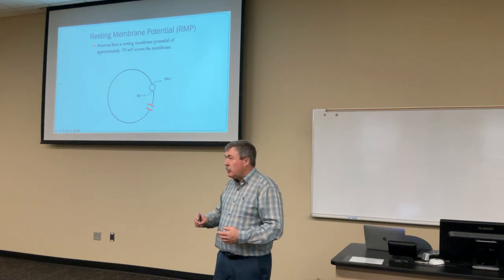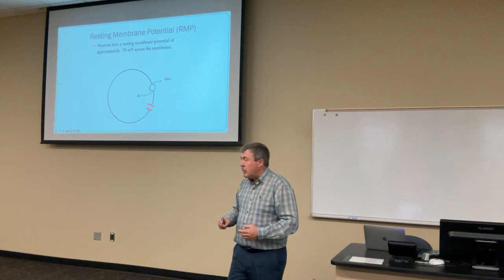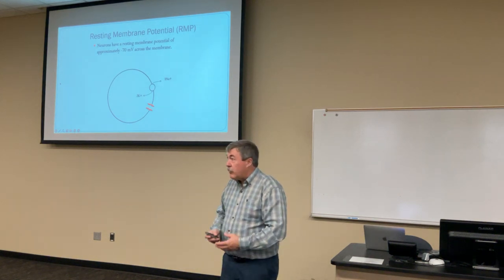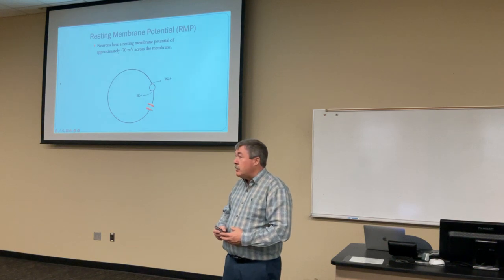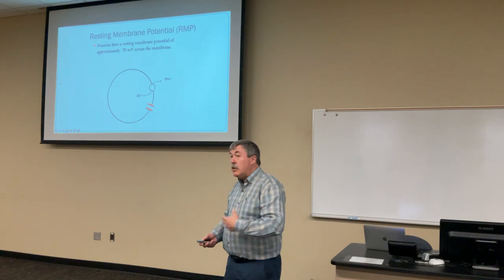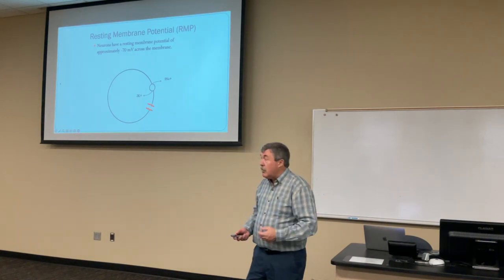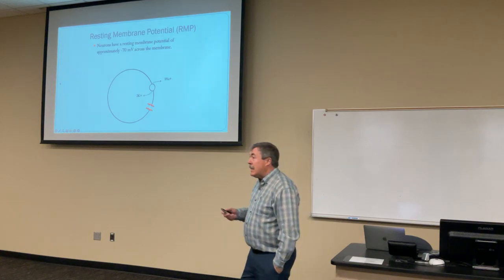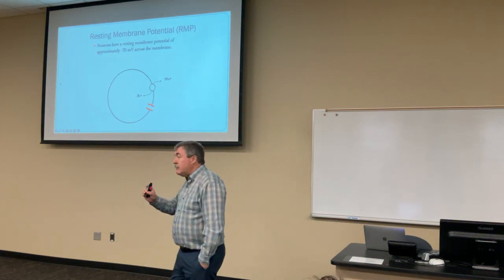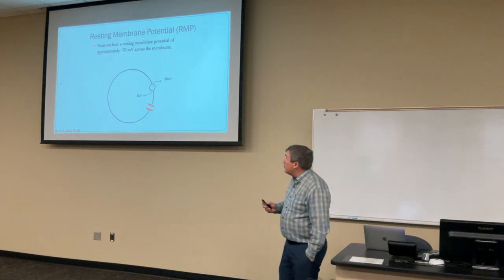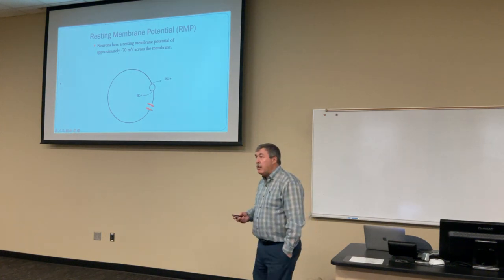That's the voltage on the inside of neurons. Since the inside of neurons has an overall negative charge at rest, the resting membrane potential in most neurons averages about minus 70 millivolts. And I say about because it varies slightly from one neuron to another. That's the average value. Some of them might be a little higher, some of them might be a little lower.